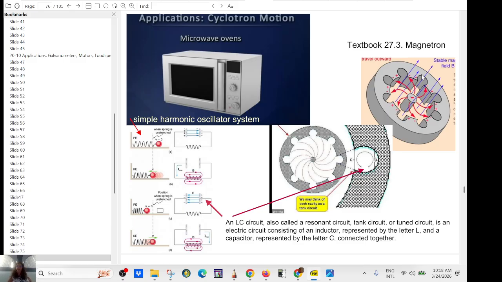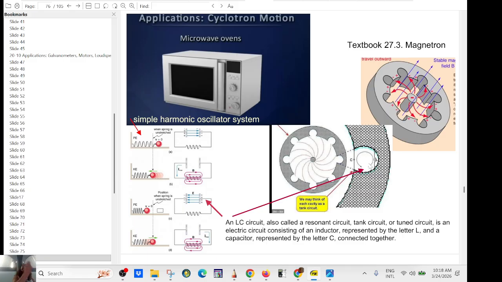The magnetic field will curve those electrons, and then you have some oscillation happening inside here. This little hole that you see here behaves like a capacitor and an inductor. So those electrons start to oscillate back and forth very efficiently.